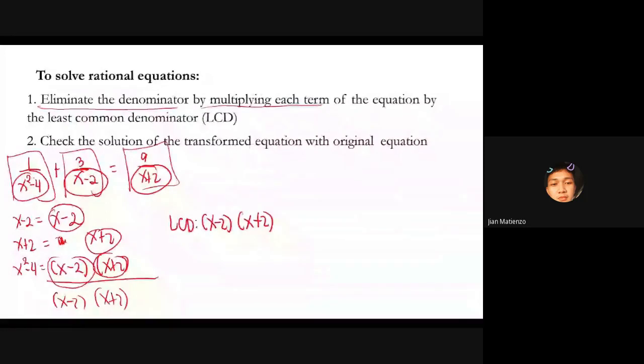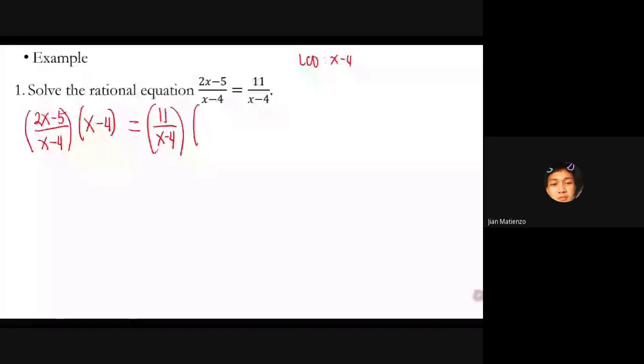So, we have now 2x minus 5 over x minus 4. You multiply this by the LCD, which is x minus 4, is equal to 11 over x minus 4. You multiply that by the LCD, which is x minus 4.